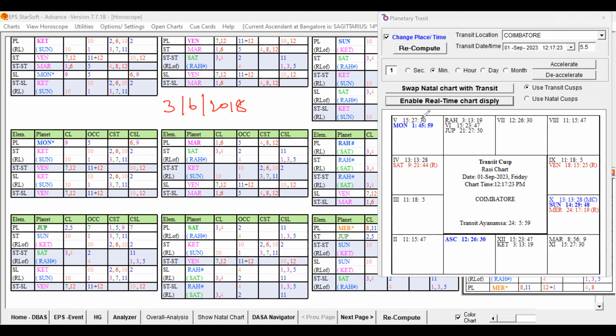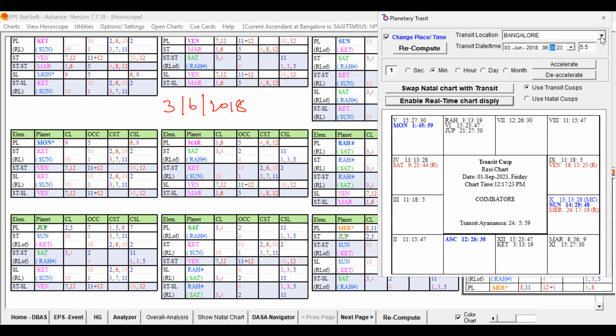Now let me select the date. 3rd June 2018. Time can be anything because we are not going to check the Lagna. So we can take in the morning. Normally, Muhurtas in this Bangalore. No, he is from some other part of South India. No? So Bangalore, because of my location, it is taken.